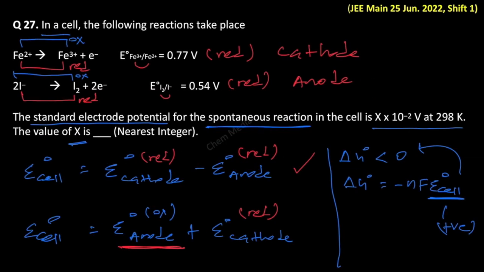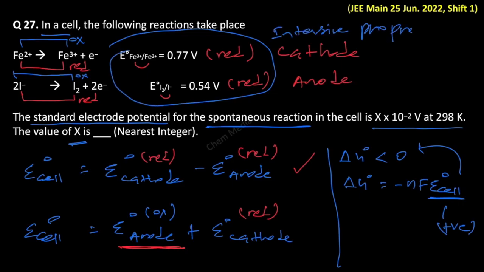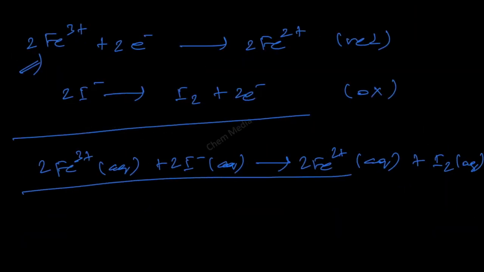Now, keep in mind that standard electrode potentials are intensive properties. They are not extensive properties. That means they depend on the nature of the substance and not the amount. Therefore, just because we multiplied here by 2, it doesn't mean that we have to multiply the standard reduction potential by 2.